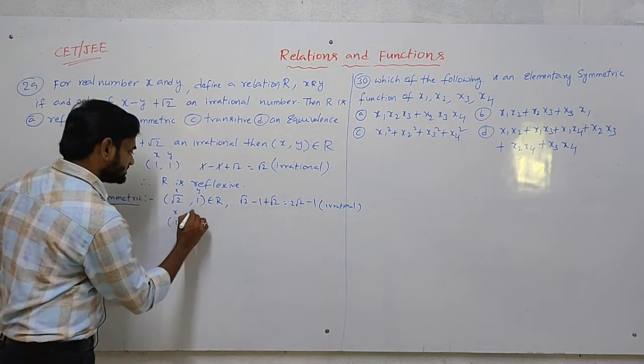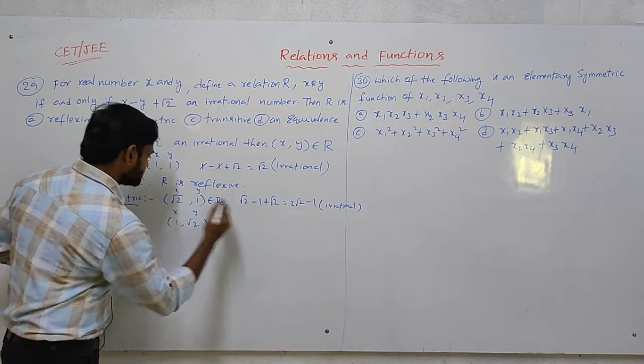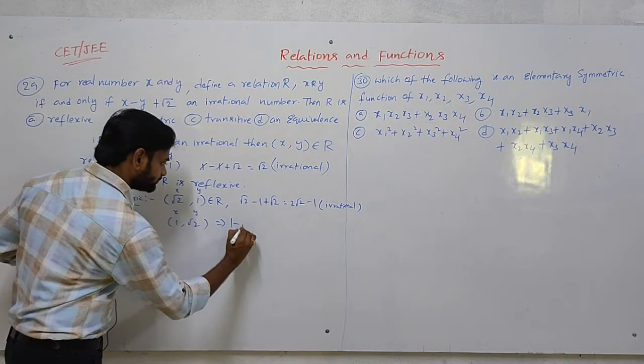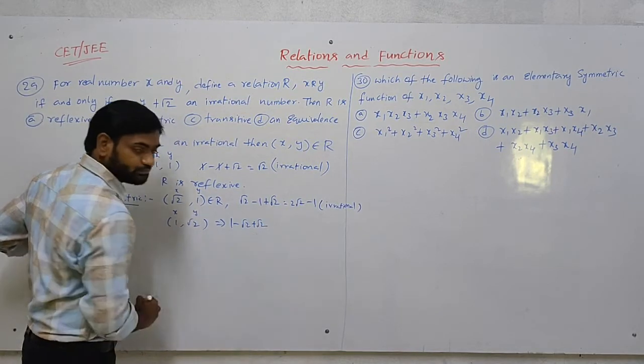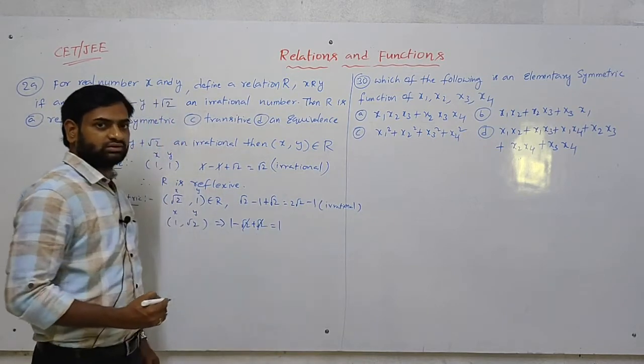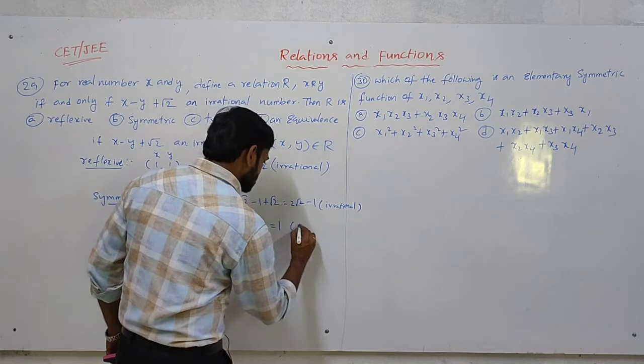This is x, this is y. Now substitute into the condition x minus y plus root 2: 1 minus root 2 plus root 2. So the root 2 gets cancelled, and we get 1. So this one is not irrational.